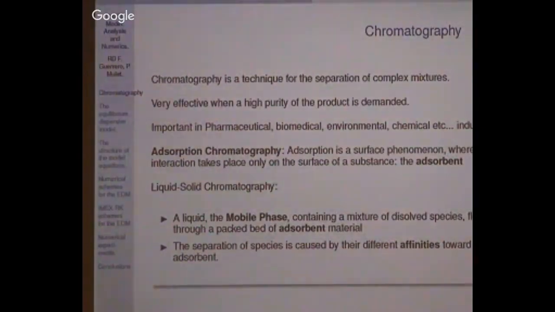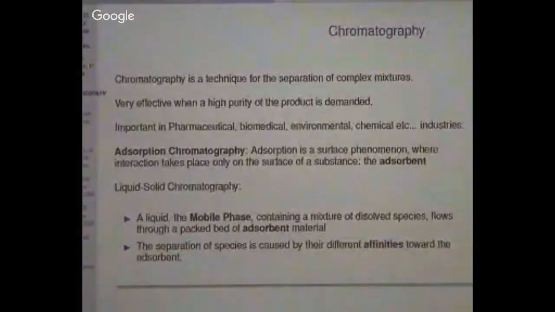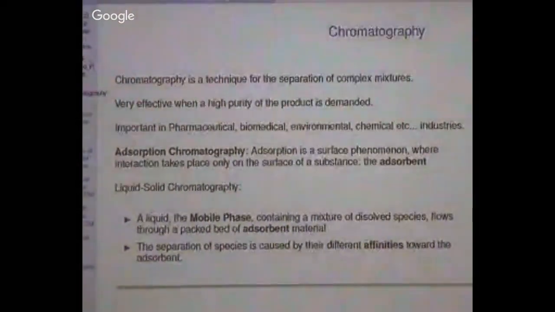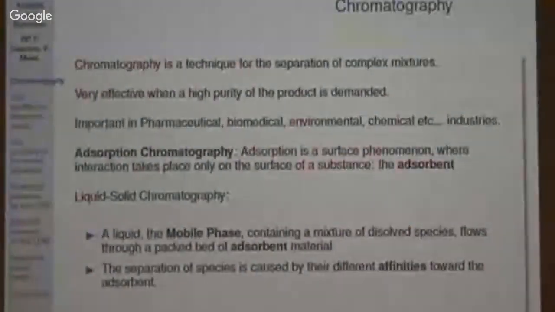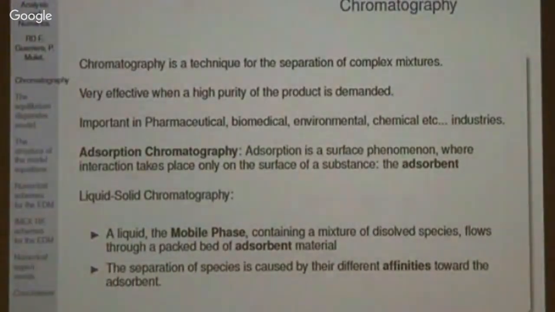And since then, the experimental procedure has improved quite a bit, and it's used nowadays, especially when high purity of the product is demanded, and you can't do it by, say, distillation or similar procedures. And it's very important in pharmaceutical, biomedical, environmental, chemical, etc., such industries.